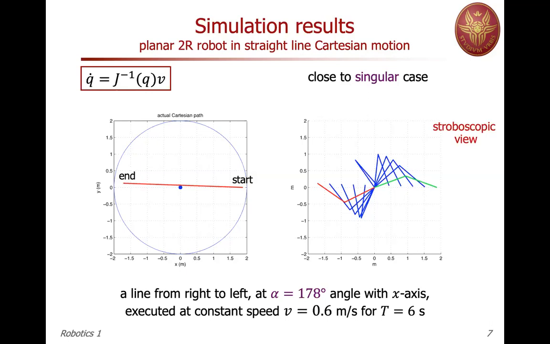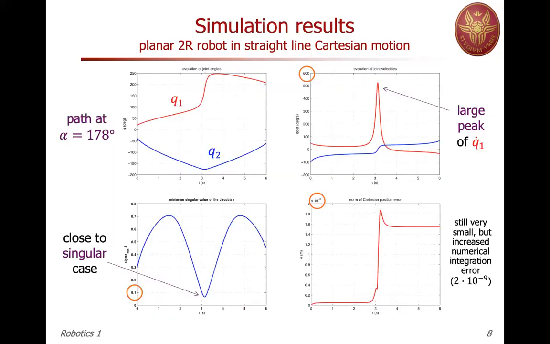But in between, the last configuration which has elbow up, let's say, and the one that has elbow down, there's an empty space. It means that this motion has been executed while getting close to the singular point at the center of the workspace with a high speed, so that you suddenly change configuration from top to bottom. In fact, this can be seen in the following plots.